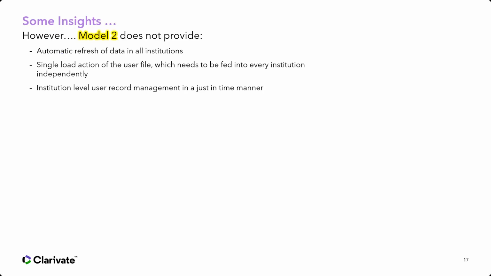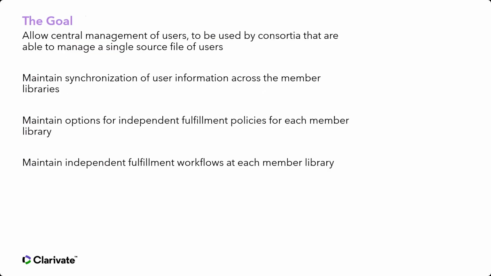Ideally, if you do have this sense of a central user management file, a central location where you manage all of your user accounts, and is where you can have this consortial unique ID derived from, it would be much better if you could upload that user account only once and have it be used by all the institutions in the network instead of having to manage or upload the accounts multiple times at multiple institutions.